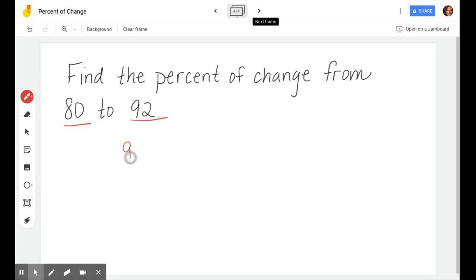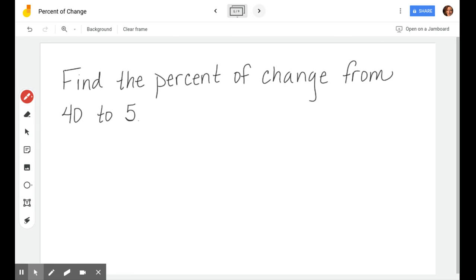So I'm going to do 92 minus 80, and then I'm going to divide that answer by the old one, the original one, which is 80. 92 minus 80 is 12. 12 divided by 80 is 0.15, or .15, same thing. Scoot, that's a 15% increase.